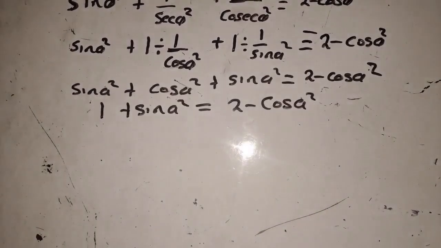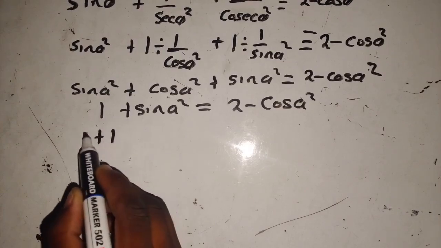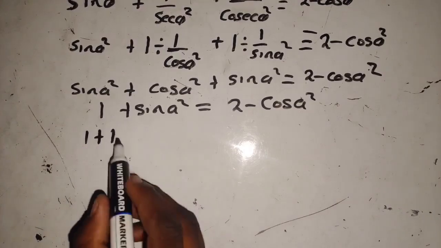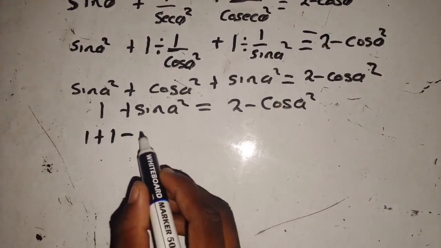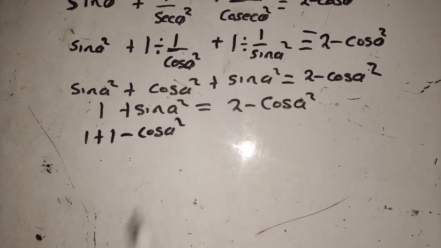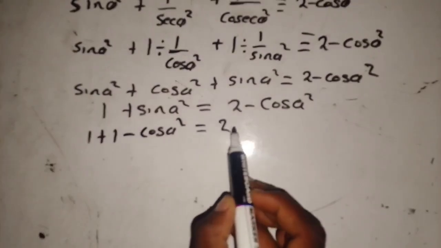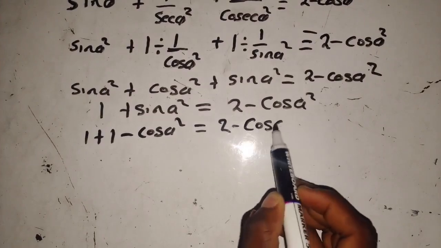Okay, so let's do it now. We're going to have 1, plus there's 1 here, plus 1 minus cos theta squared. We have proven that sine theta squared is equal to 1 minus cos theta squared, which is equal to 2 minus cos theta squared.